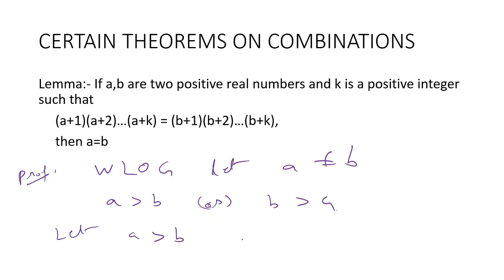So this implies a plus 1 is greater than b plus 1, and a plus 2 is greater than b plus 2. More generally, a plus i is greater than b plus i for all i equal to 1 to k.